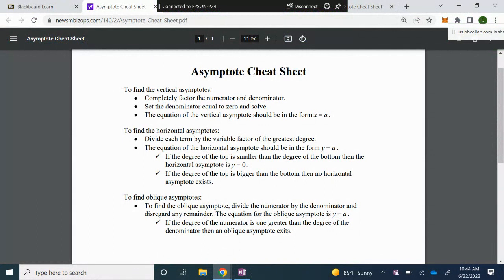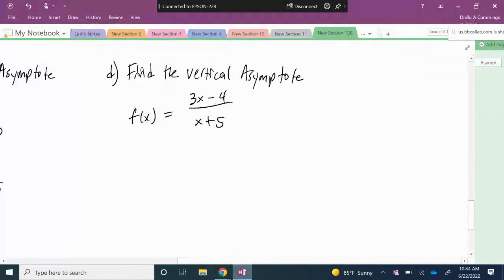If I go back to the cheat sheet, notice that there are no checkpoints. It simply says completely factor the numerator and the denominator. Then set the denominator equal to 0 and solve.